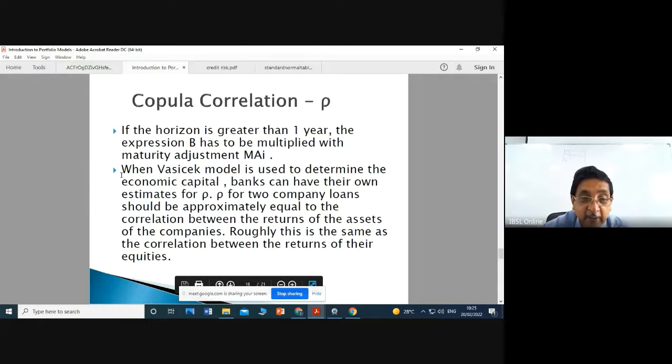So that's what I told you at the beginning. If you have an issue getting the correlation calculated, we can get it roughly as the correlation between the returns of their equities. So that is also another factor we need to consider.